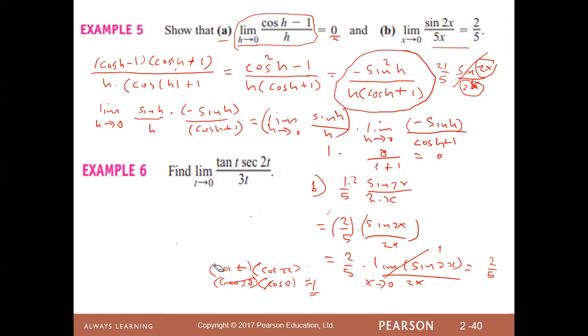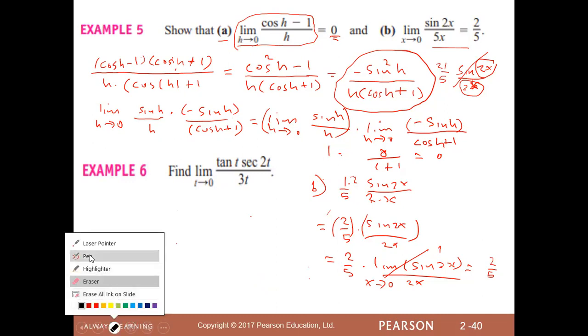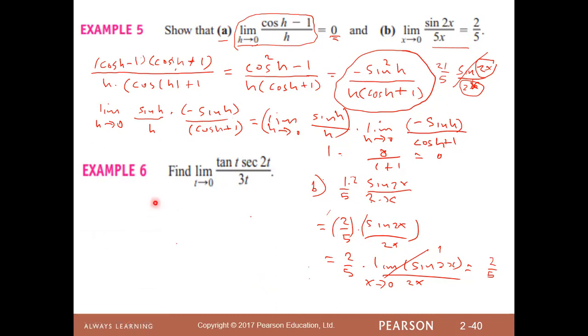If you have a function whose limit you need to find, you have to rearrange it in a way that you can take advantage of what you know. What you know is that sine of any value divided by that value has a limit equal to 1, right? One of the strategies, I'm just going to write this strategy.